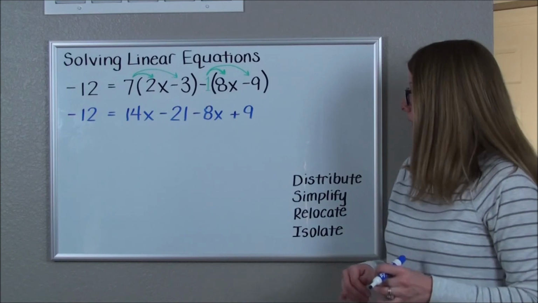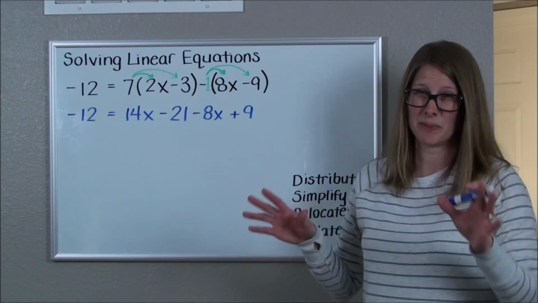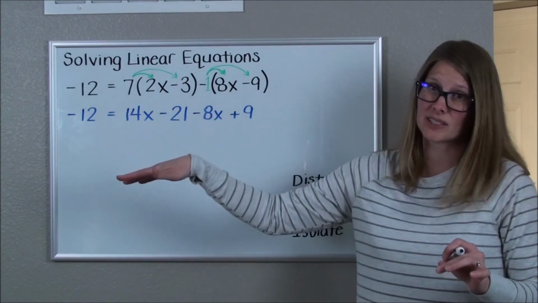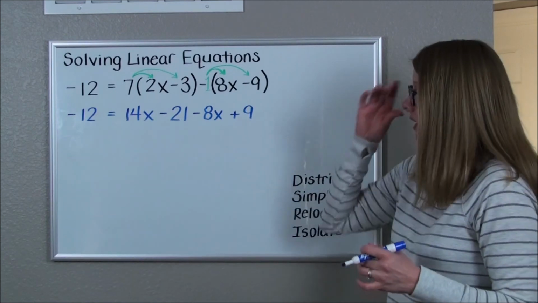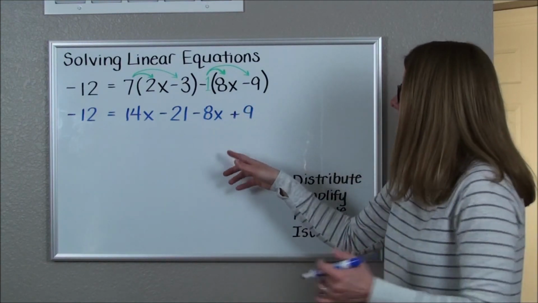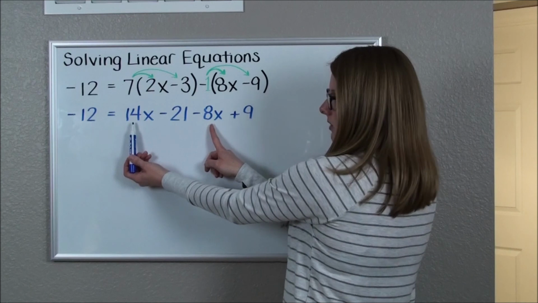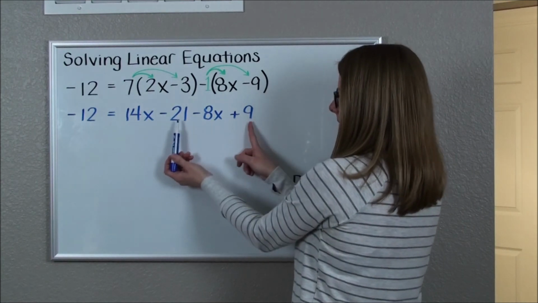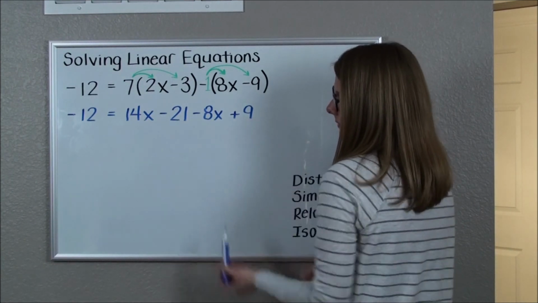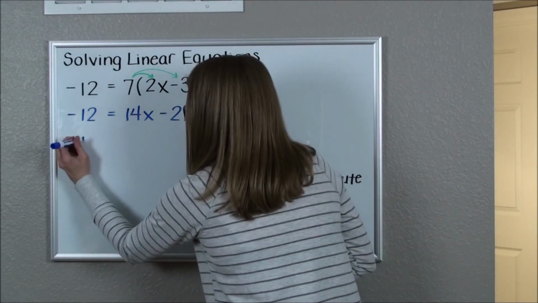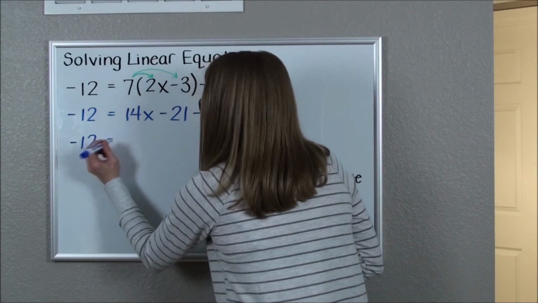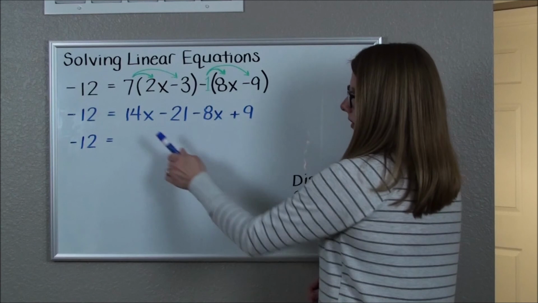But before we do the relocation, let's simplify. Let's just keep things as clean as we can make them. Now the left is already clean. I can't get easier than negative 12. But on the right, I've got some cleaning up to do. On the right, I have some like terms with x's, and I have some like terms that are constant. So I'm going to leave my left alone. On the right, let's look at our variable terms.